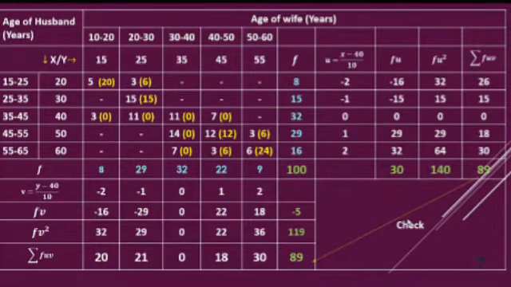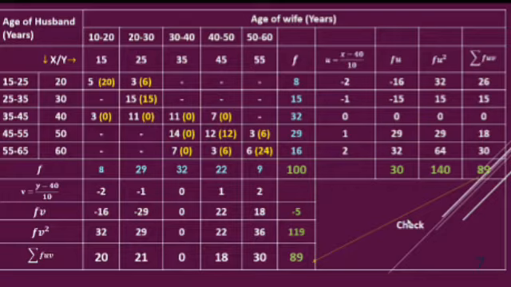Now look at the age of y, 10 to 20. What is your midpoint? Your y value is 10 plus 20 divided by 2; 10 plus 20 is 30, divided by 2 is 15. Next one, 20 plus 30 divided by 2, so it is 25. 30 plus 40 divided by 2, 35. 40 plus 50 divided by 2, 45. 50 plus 60 divided by 2, 55, and so on.